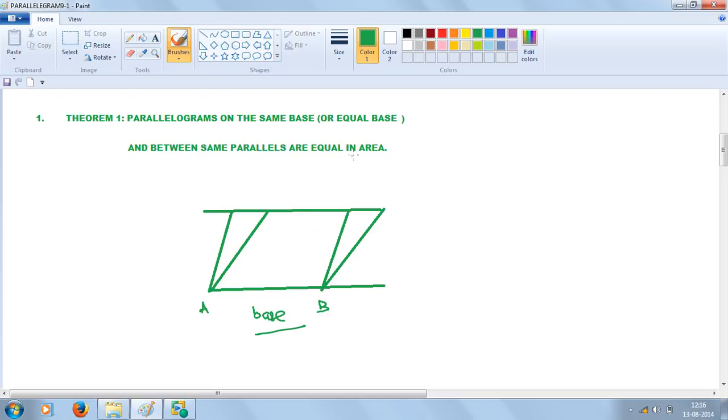We may have one parallelogram ABCD and another parallelogram ABEF, with AB parallel to DE.